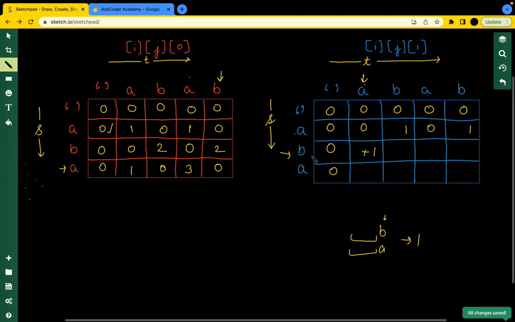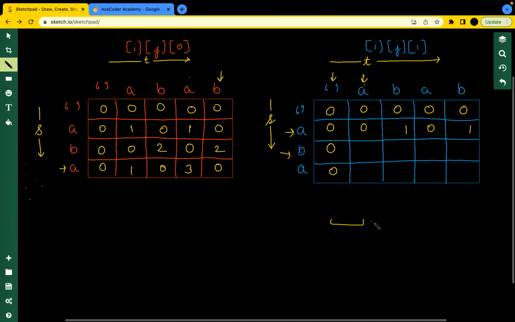Let me show you again that when we are standing at this B and A, what will be the length of the string that is ending at this A and this empty string, and they differ by 0 characters.